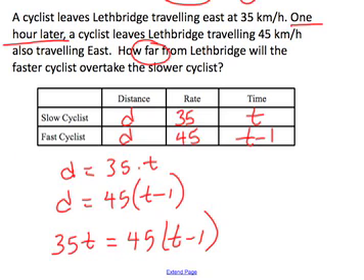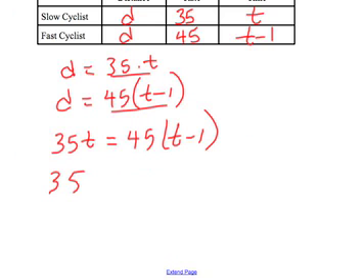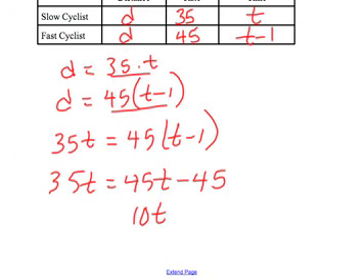Just like that. So if these d's are the same, it means that this must be equal to that. And then solve. So 35t is equal to 45t minus 45. Bring the t's over to this side, so it'll be 10t is equal to 45, and therefore divide both sides by 10.